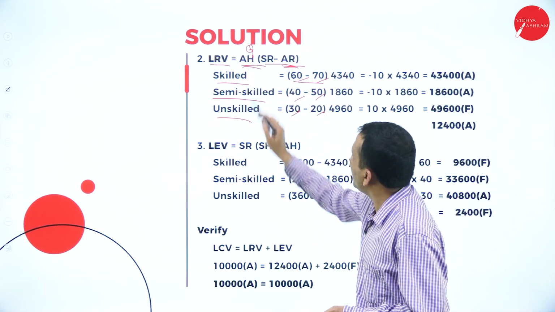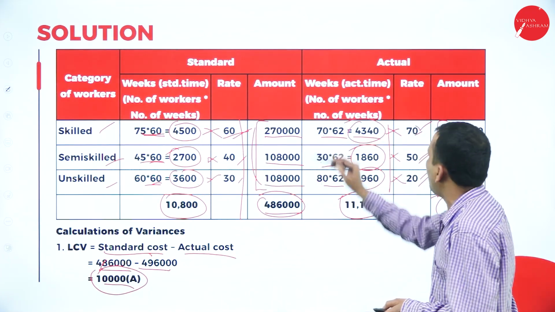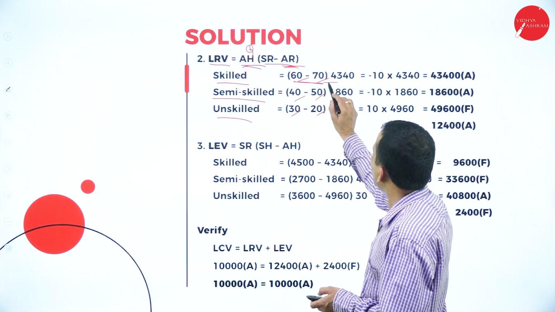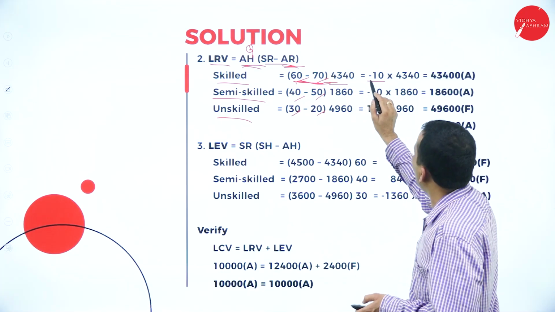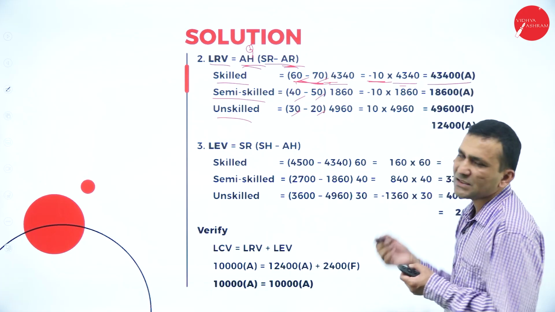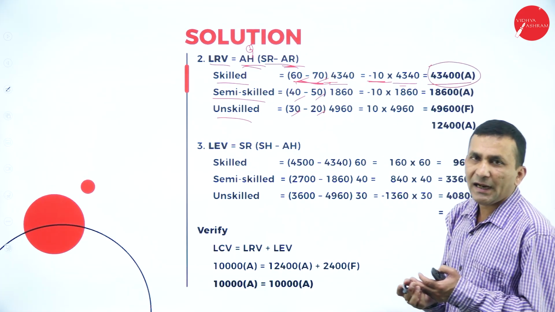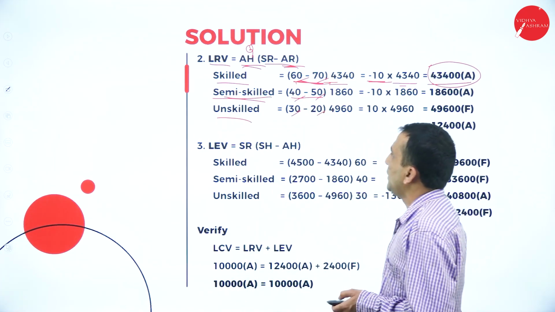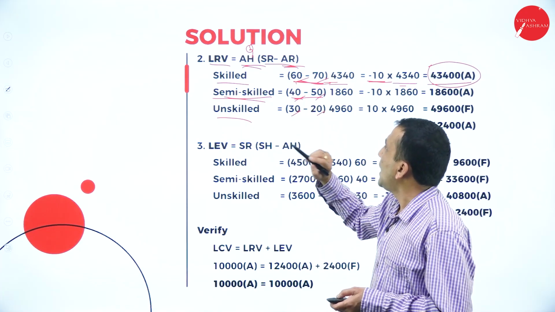Now the actual hours: we calculated actual hours 4,340. After subtracting, we need to multiply. From here we are getting a negative. Minus 10 into 4,340, if you multiply, the result is adverse, negative 43,400. Now under semi-skilled labor, the standard rate given in the question 40 minus actual rate 50.